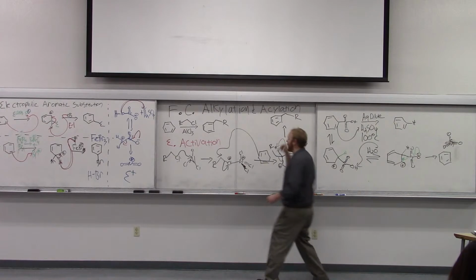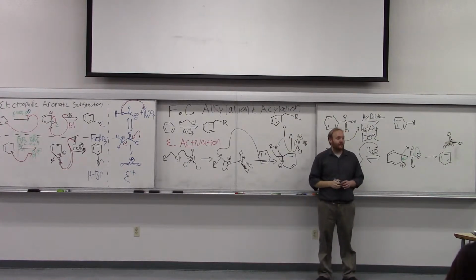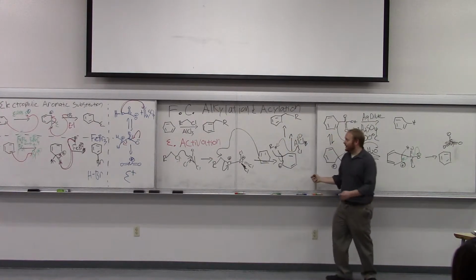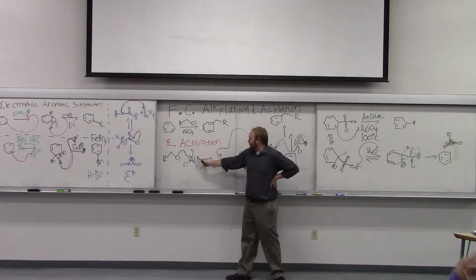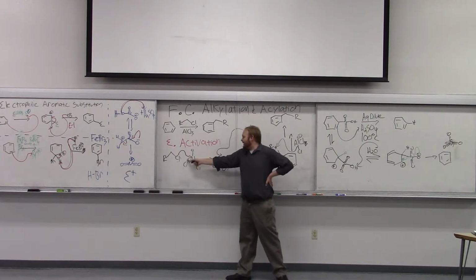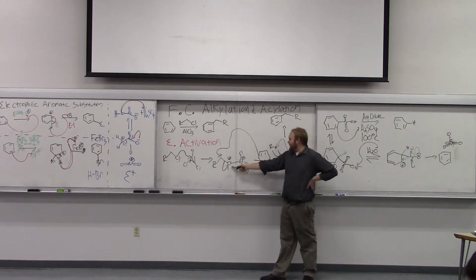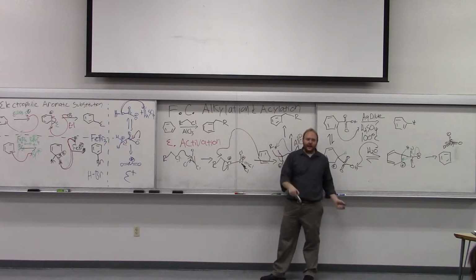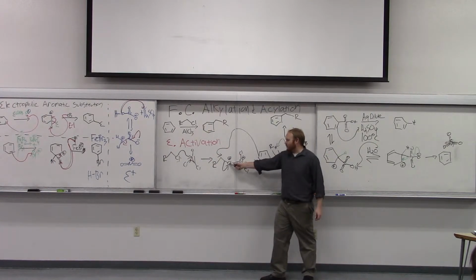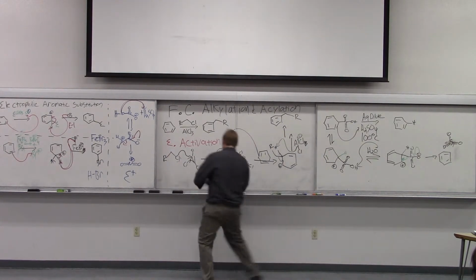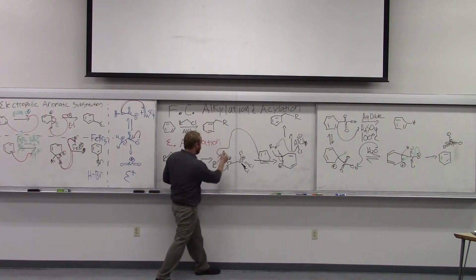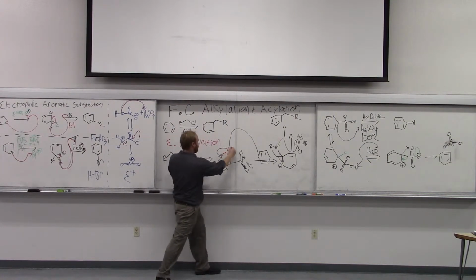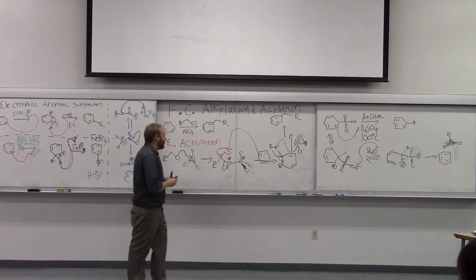So again, the mechanism isn't that different at all from anything we've seen, right? We activate the electrophile by the halide attacking the Lewis acid, giving us this activated sp3 alkyl chloride, where there's a positive charge on the chlorine, but we know from electronegativity the positive charge isn't going to lie on the electronegative chlorine. It's going to lie on the carbon. So lots of partial positive charge here, more than before.